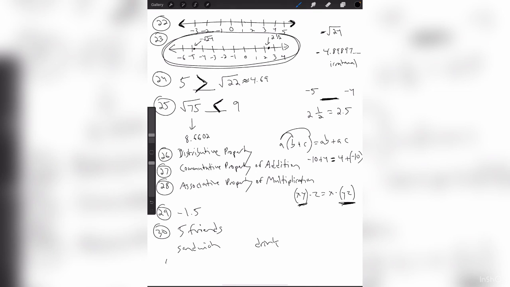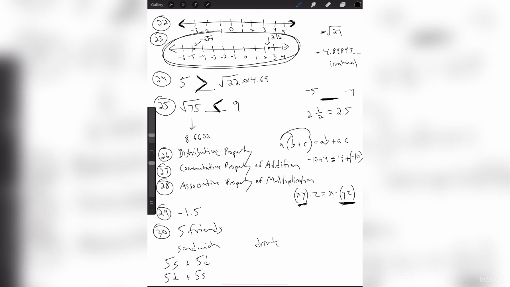So you could say, all right, you have 5 friends, and each one buys a sandwich. And then you're going to add 5 drinks as well. If they all cost the same, you could do that. Another way is 5 drinks plus 5 sandwiches, right? That's another way you could do it. You could change the order of it and you'd still get the same thing.